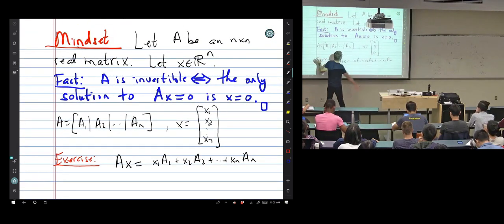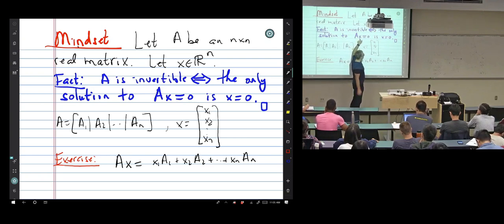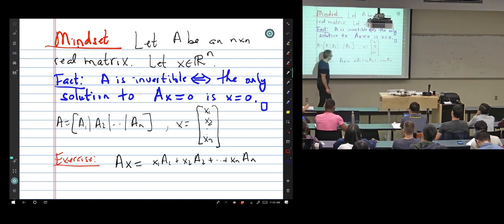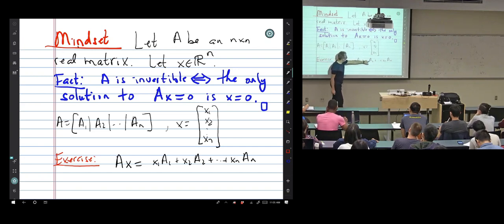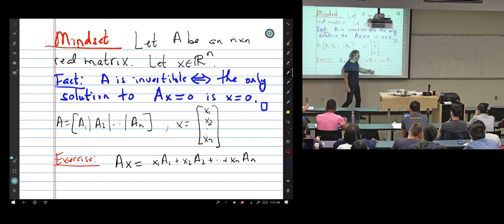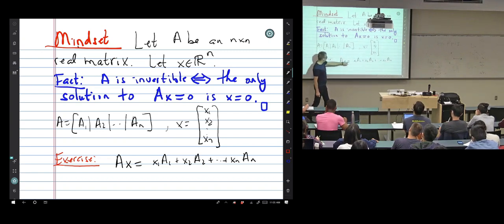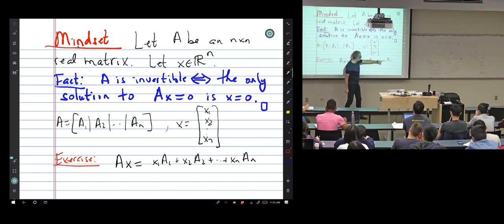What are you asserting when Ax equals 0 has only the trivial solution, x equals 0? You're asserting that when you look at this linear combination of vectors, the columns of A, the only solution that makes these vectors add up to 0 is the trivial solution, x equals 0.